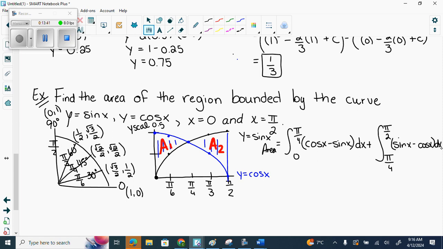When we do the antiderivative of cos x, we get sine x. The antiderivative of negative sine x is positive cos x plus c from 0 to pi over 4. Plus the antiderivative of sine x, which is negative cos x, and the antiderivative of negative cos x is negative sine x plus c, from pi over 4 to pi over 2.